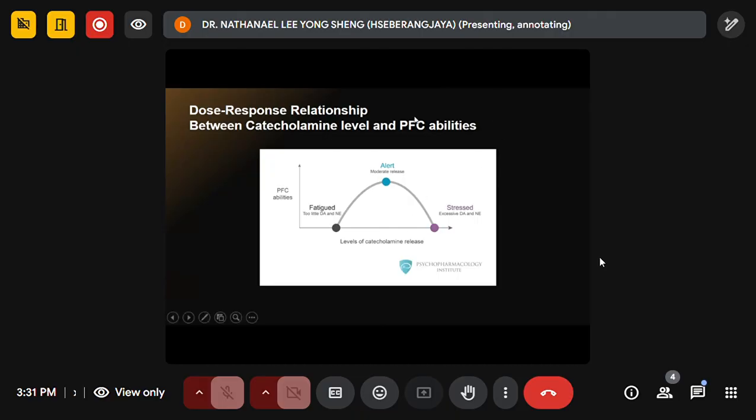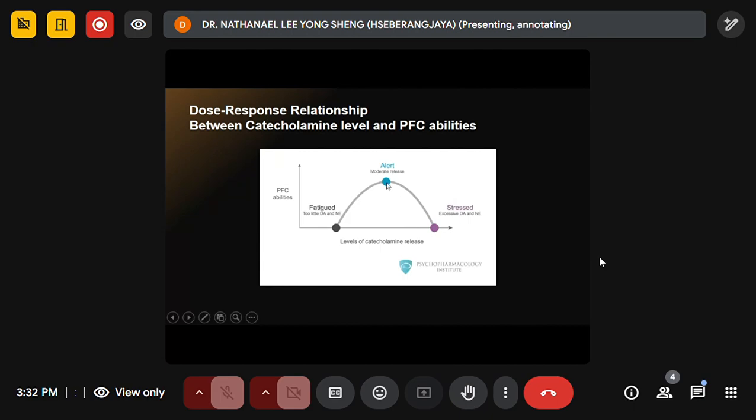This graph shows an inverted U relationship between our catecholamines, meaning dopamine and noradrenaline, and our prefrontal cortex abilities. In fatigue conditions, the prefrontal cortex ability is affected by too little dopamine and noradrenaline, so this will cause us to be fatigued.